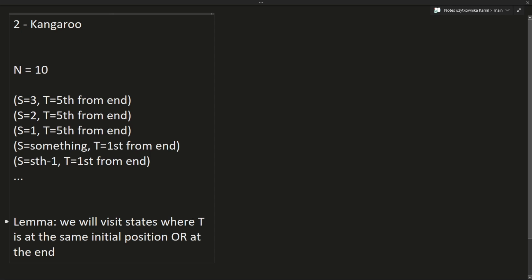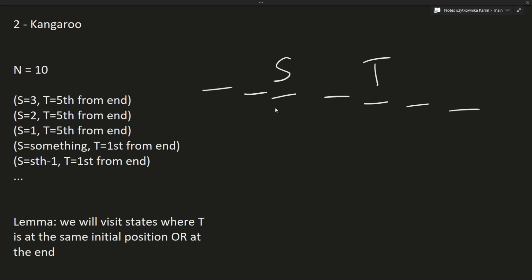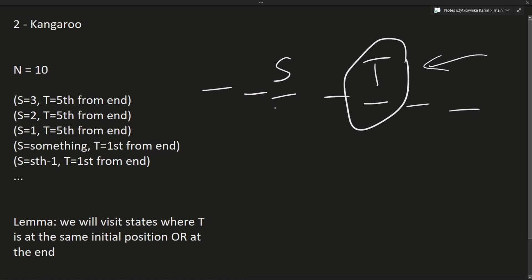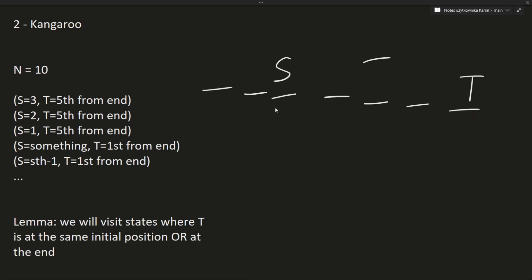Those are the only two possible values for t. Meaning if you started with s being here and t being there, then always we will consider only states where t is third from the end or t is at the end, because you can also get to those states thanks to my flip. And that solves the problem, because we only visit a quadratic number of states.